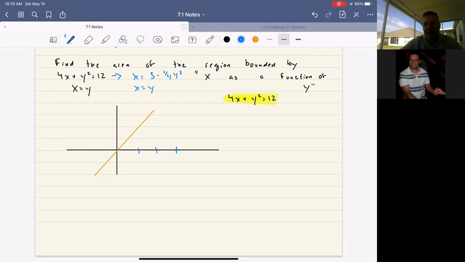And then it's going to be a parabola opening to the left. Normally, I wouldn't have been so perfectionist about the line, but everything else was drawn so perfectly, I just wanted to have that. Okay, so we need to find the points of intersection.